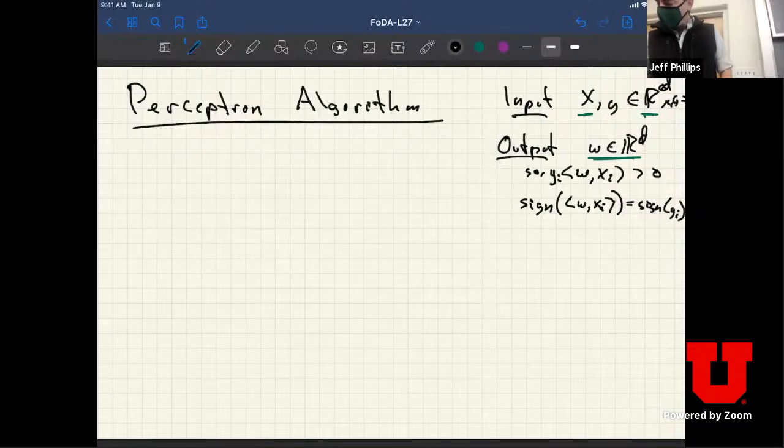And then the algorithm works fairly straightforwardly.